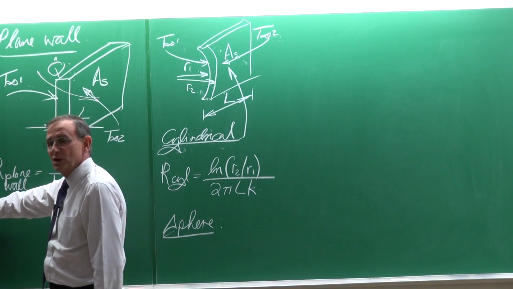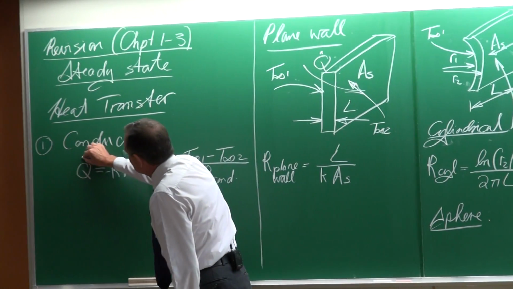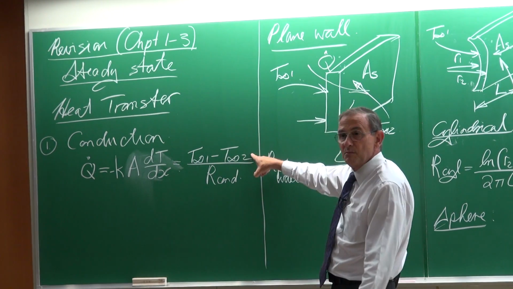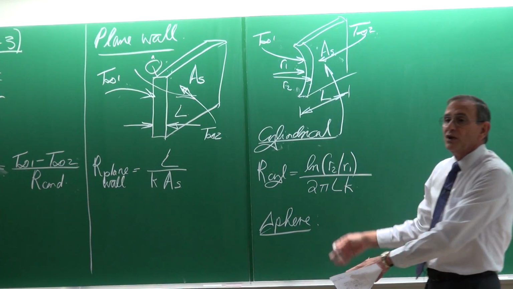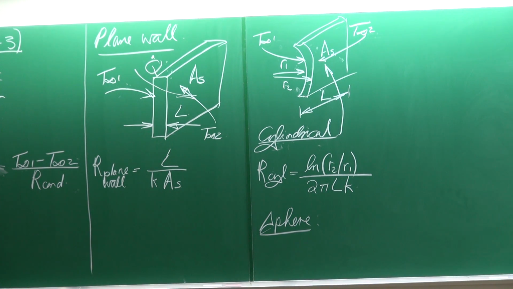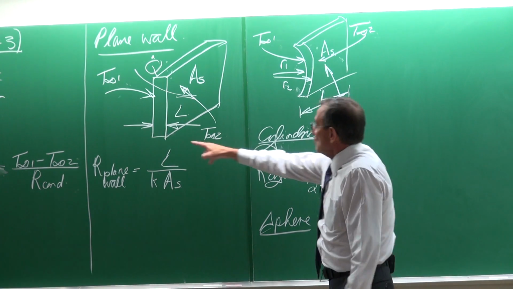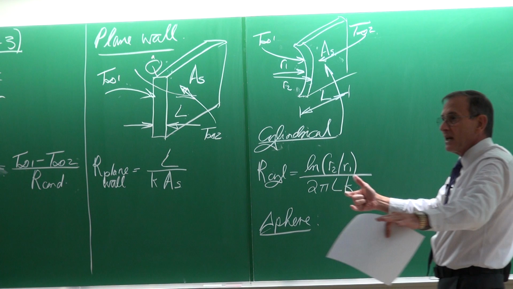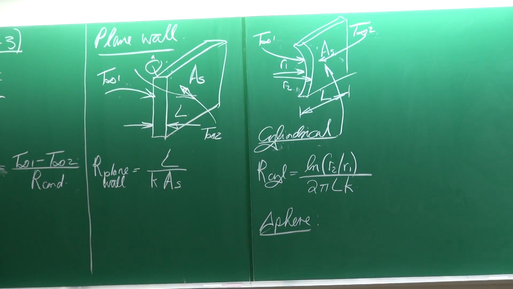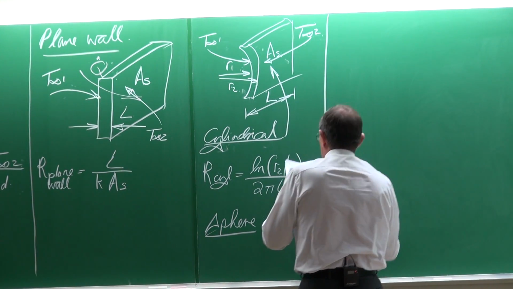However, if we look at the conduction heat transfer, what is important is the conduction heat transfer rate is equal to a temperature difference divided by the resistance, and the resistance will depend from geometry to geometry. And the resistance will always have in it the thermal conductivity of the material and the geometry characteristics like the length and the radius, etc. Right, so that is conduction heat transfer.